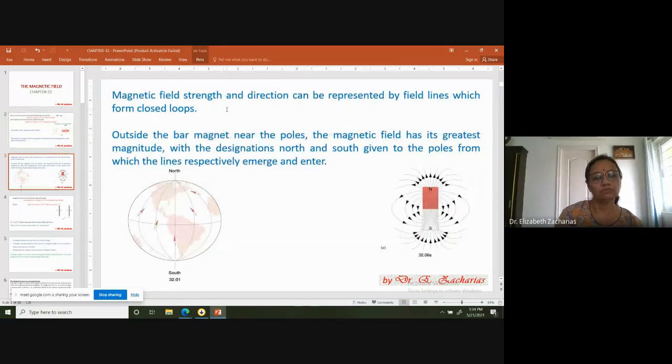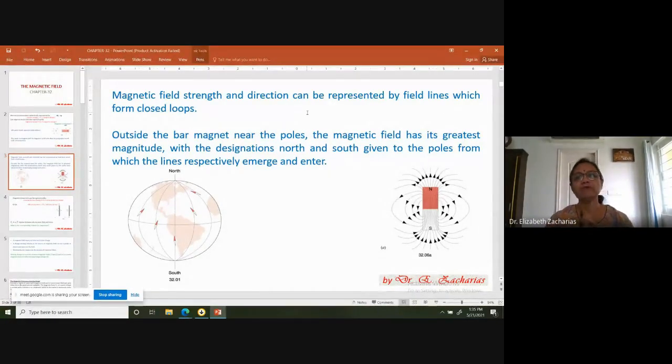Just as in the case of the electric field, you can represent magnetic field strength in terms of magnetic field lines. The only difference between electric field lines and magnetic field lines is that magnetic field lines are always closed loops, whereas electric field lines start on a positive charge and end on a negative charge.